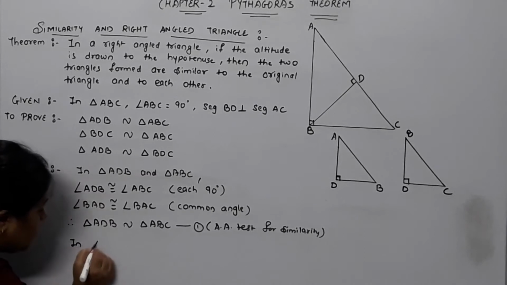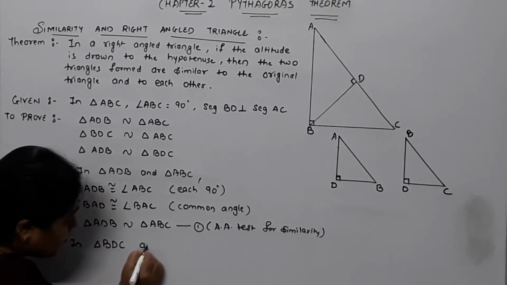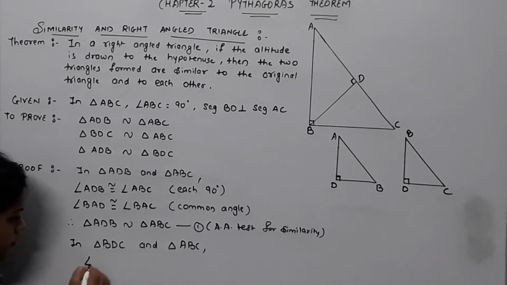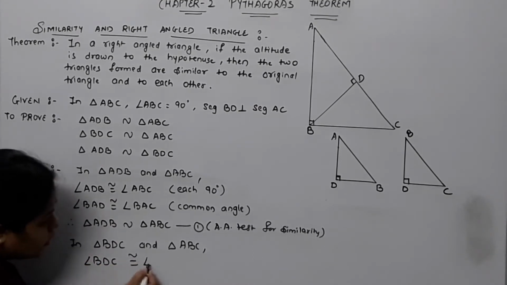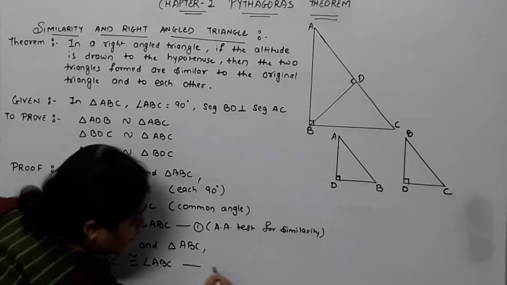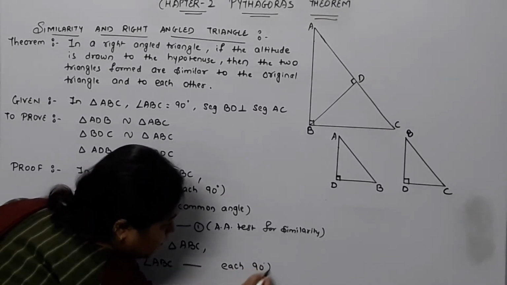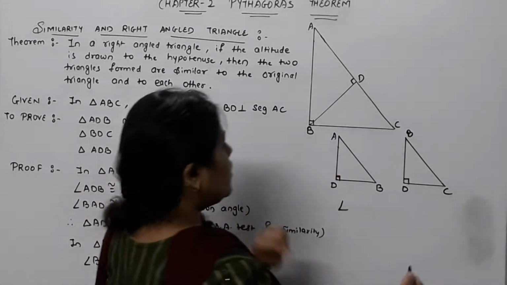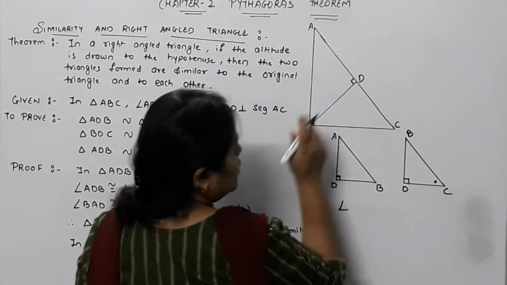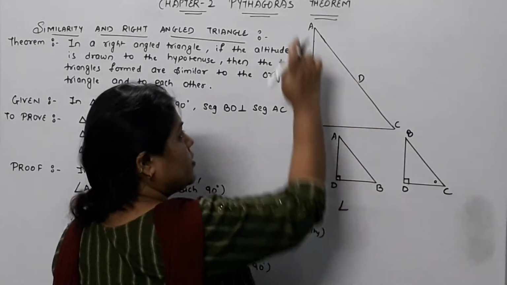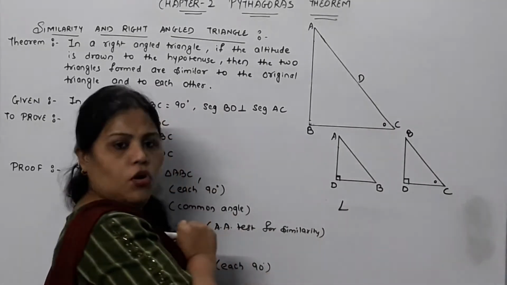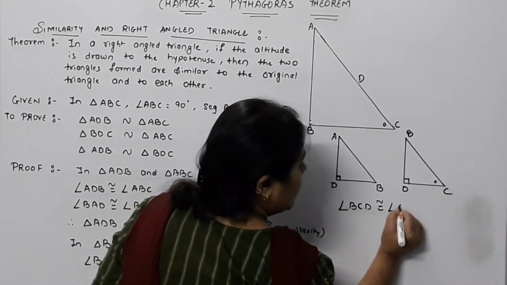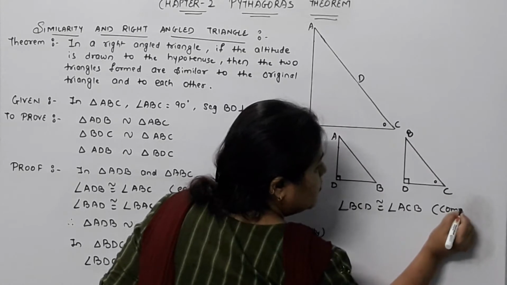So in triangle BDC and triangle ABC, angle BDC congruent angle ABC, again each 90 degree, and then here also common angle, angle C is congruent to angle C. If I consider ABC altogether, then C is common to C. So we will write angle BCD congruent angle ACB, common angle.